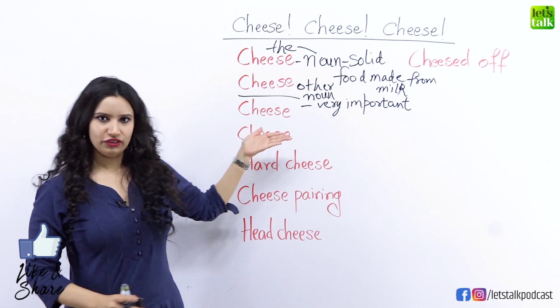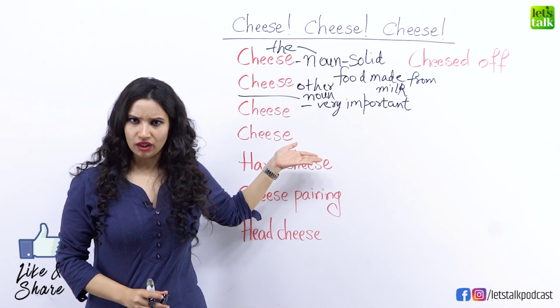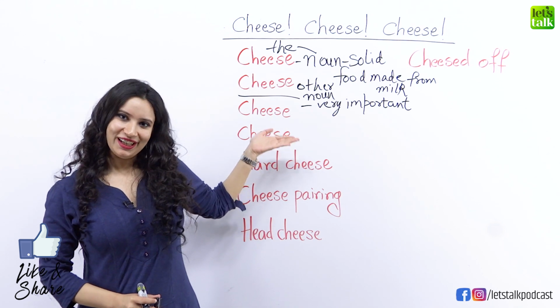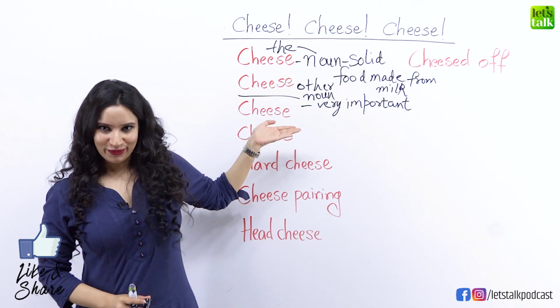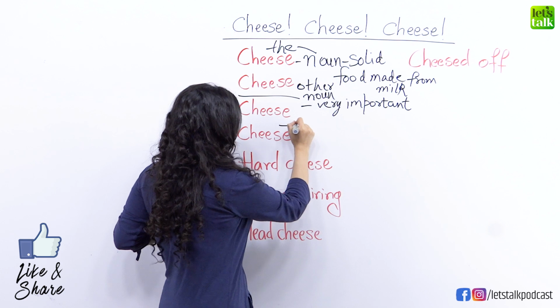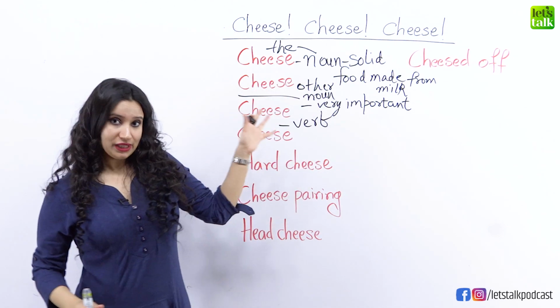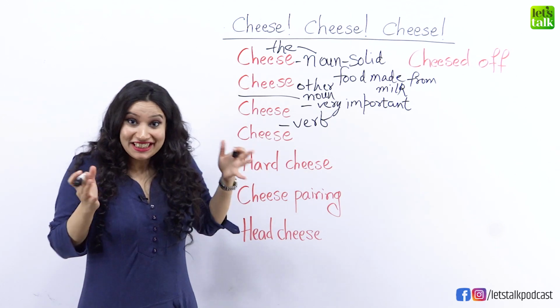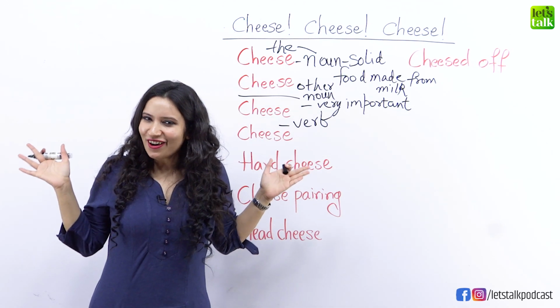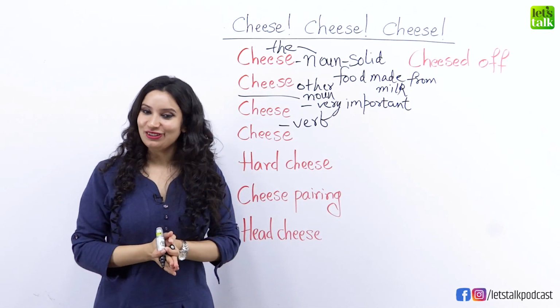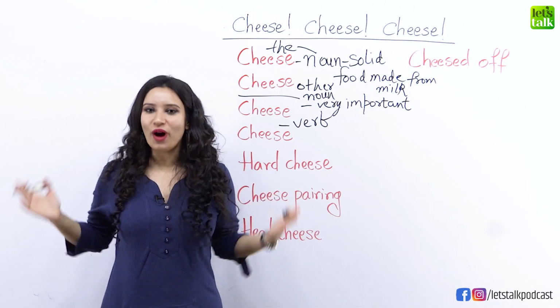Now what about this cheese? What could it mean? Is this cheese a noun? Yes or no? This cheese is a verb, okay? Now this cheese means cheese. How do I look when I say cheese? Well, I'm always smiling, but especially when I say cheese, I'm smiling even wider.